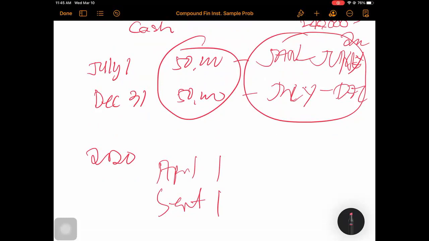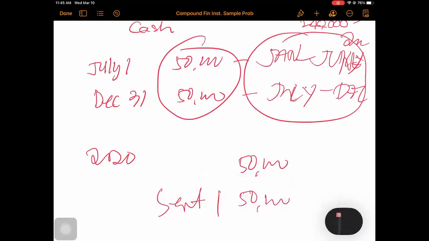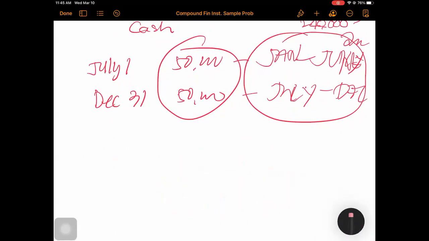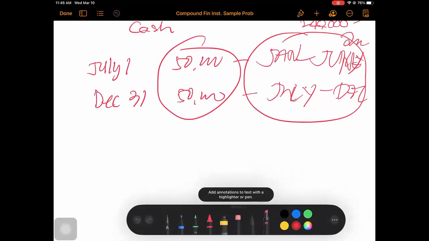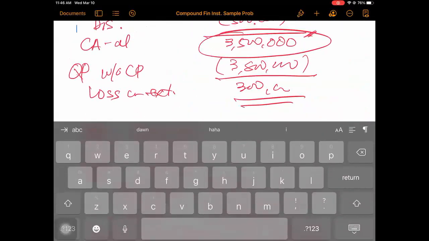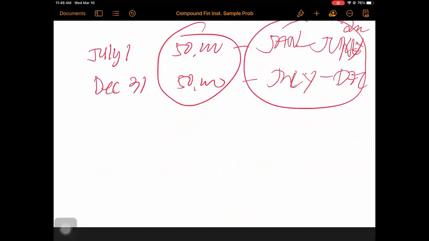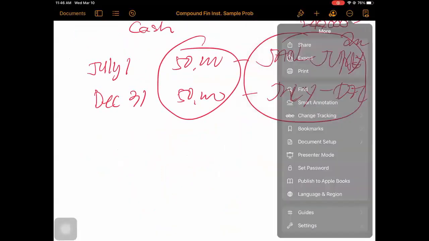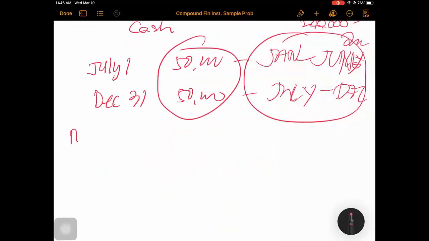Let's say, good for 6 months, 50,000 is the interest you pay. Let's clarify, because it might be misleading. So our interest payments, let's say every semi-annual, April 1 and September 1.